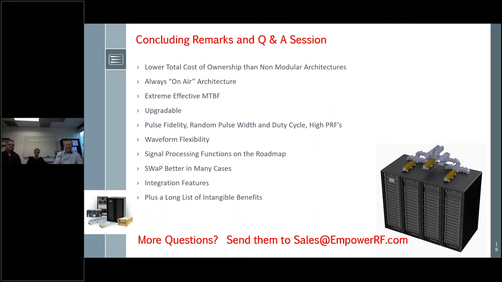And in fact, the shock and vibe, we've got a video on our website. Ryan, we can send you a link later. You can see a 1 kilowatt, in this case an air-cooled amplifier, but that same RF architecture, transmitting live at full power while undergoing 40G shock and vibe.